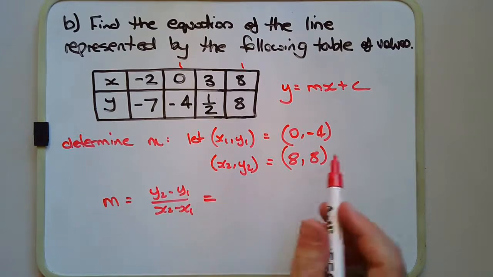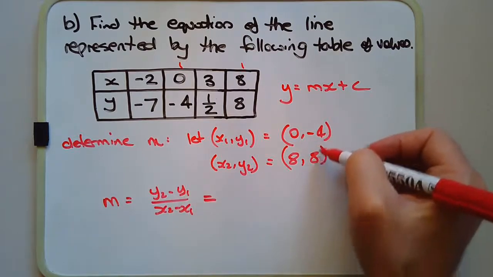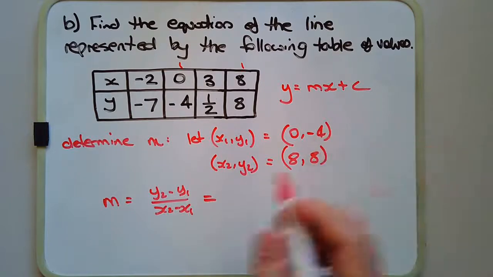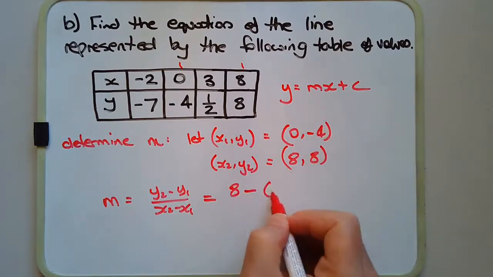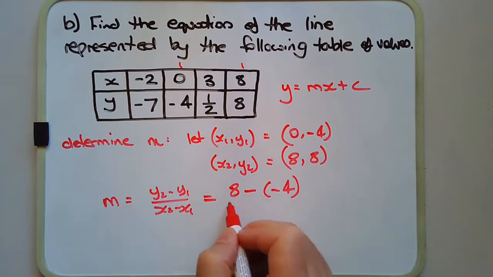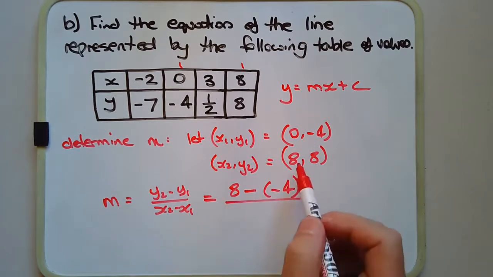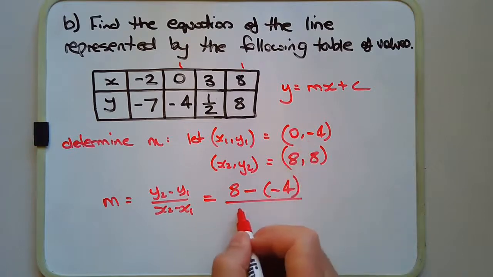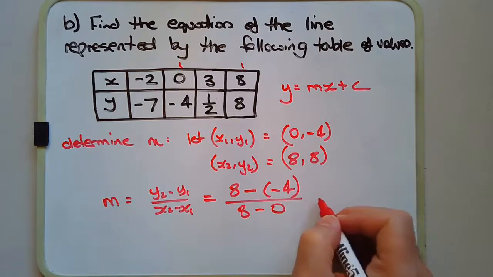So it's going to be 8 minus negative 4 over 8 minus 0.